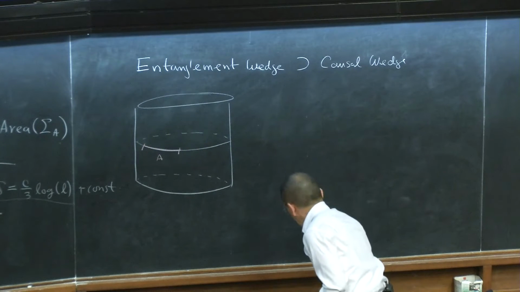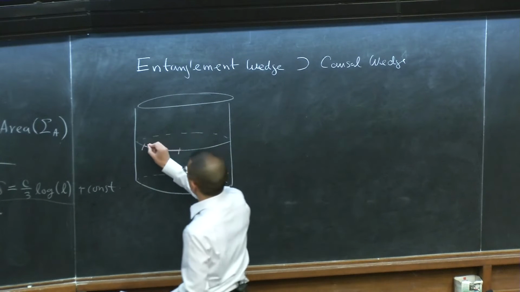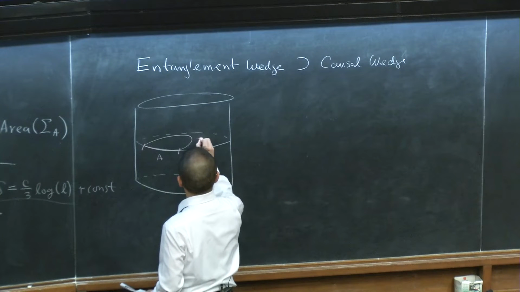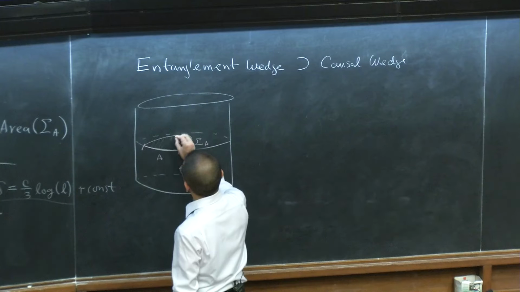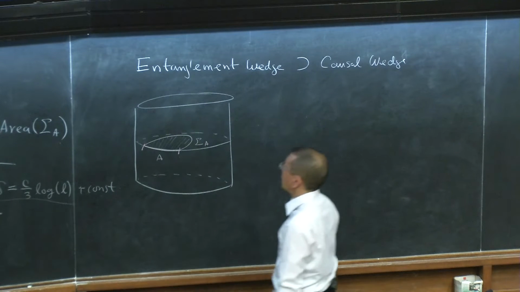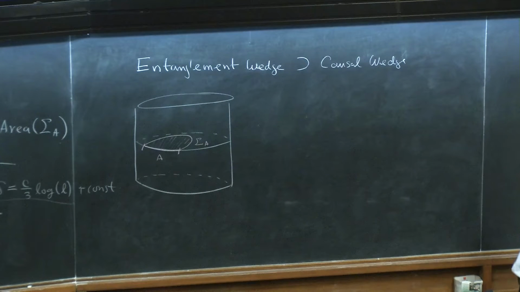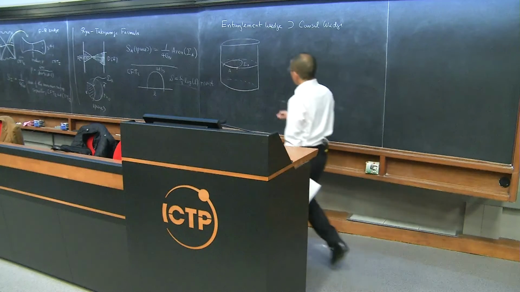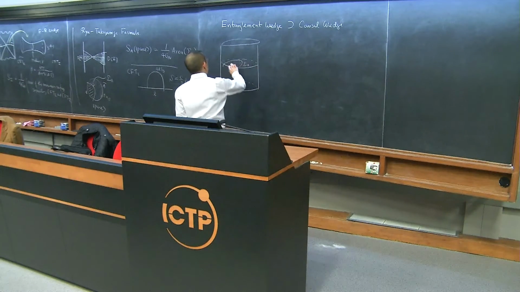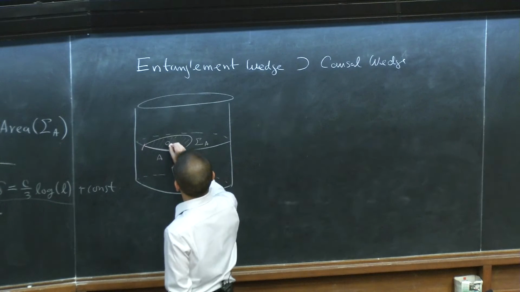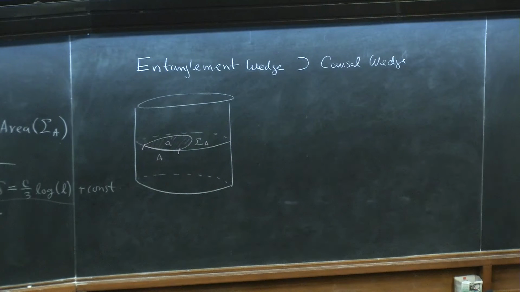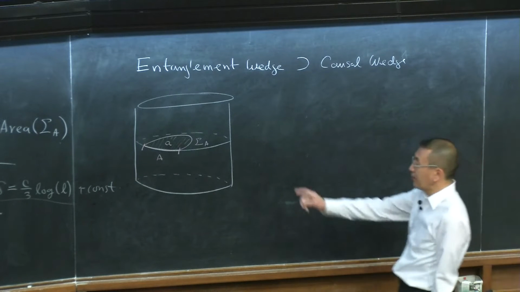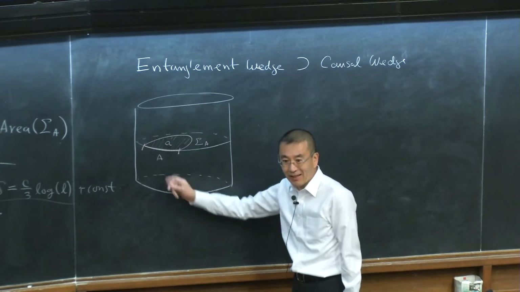Then you can consider a Ryu-Takayanagi surface associated to it, which I denote by sigma of A. So then you have some region surrounded by A and the Ryu-Takayanagi surface. Let me denote this by small a. And then the entanglement wedge is defined as the domain of dependence, not of big A, but of small a.